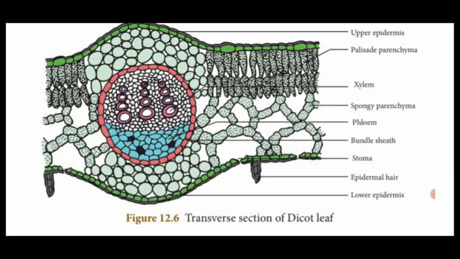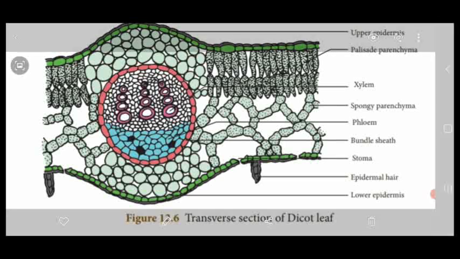So the type of the vascular bundle is conjoined, collateral and closed. In the lower epidermis, multicellular epidermal hairs are also present, not in the upper epidermis, but in the lower epidermis.